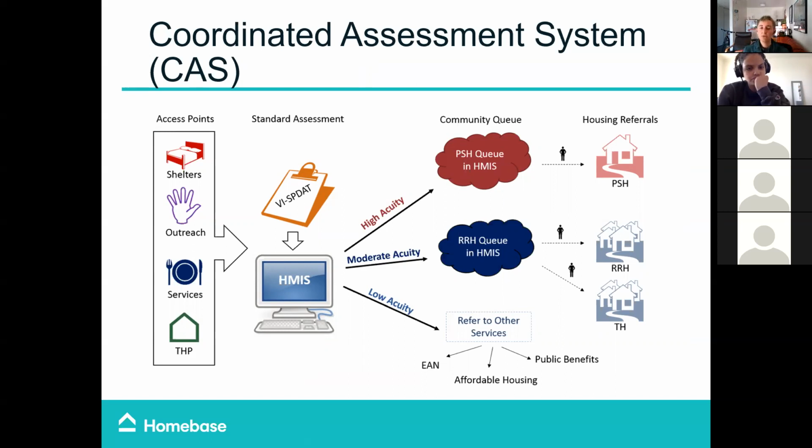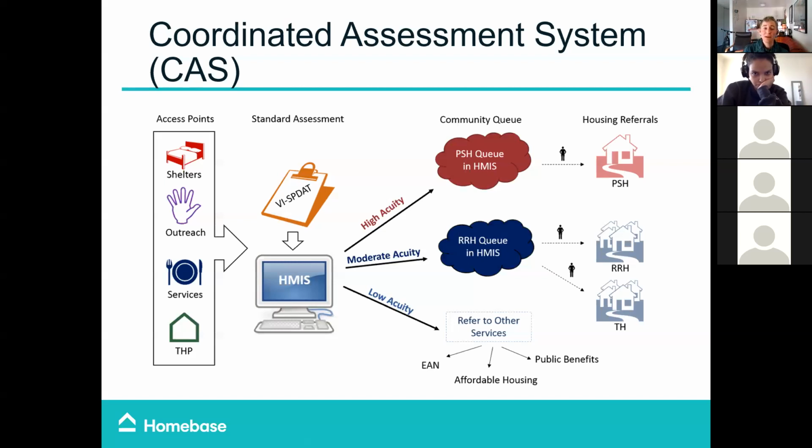So for Continuum of Care funded projects, you cannot enroll clients through any other route aside from coordinated assessment. This is a requirement of the funding stream.